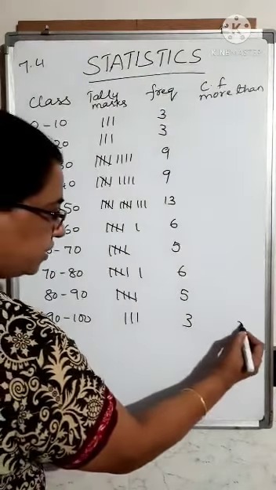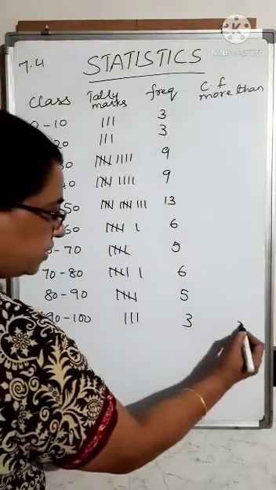Add 3 plus 5, 8. Then 8 plus 6 is equal to 14. Then 14 plus 5 is equal to 19. 19 plus 6 is equal to 25. And next you have got 25 plus 13 which is equal to 38.